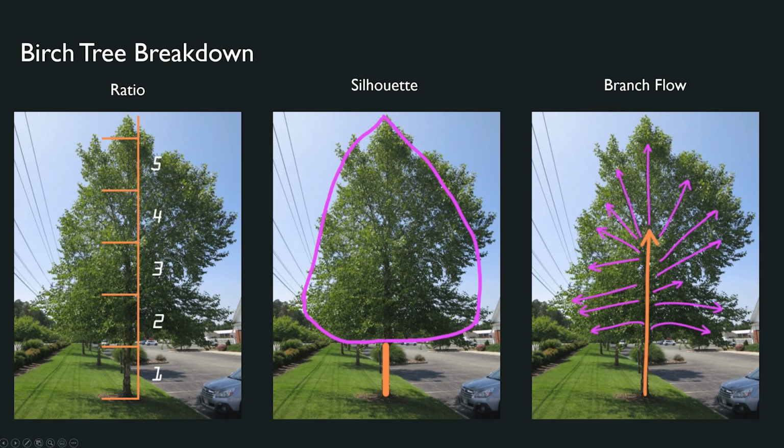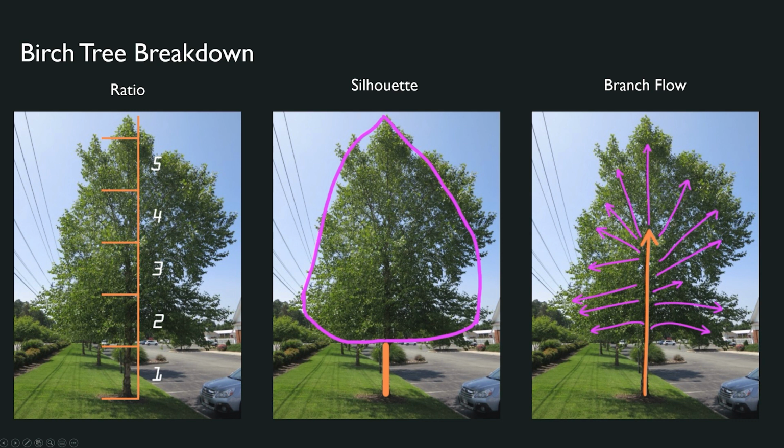So the ratio from the exposed trunk to the rest of the fleshed out tree, keeping the overall silhouette in mind, because trees are very recognizable by their silhouettes, and then even zooming in and analyzing the directions that the first generation of branches comes off the main trunk.